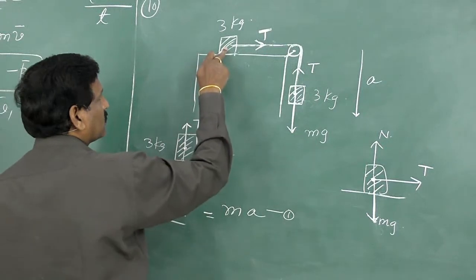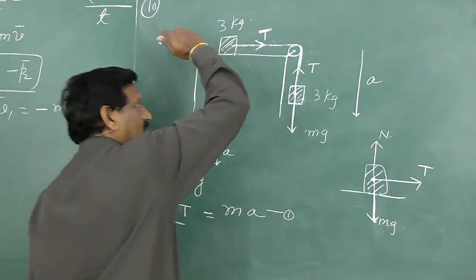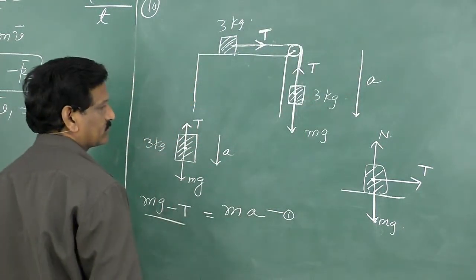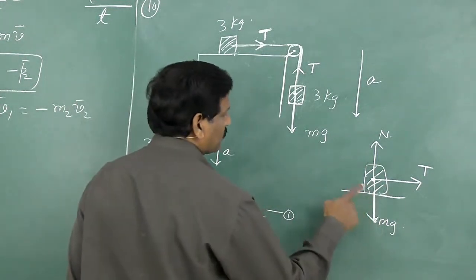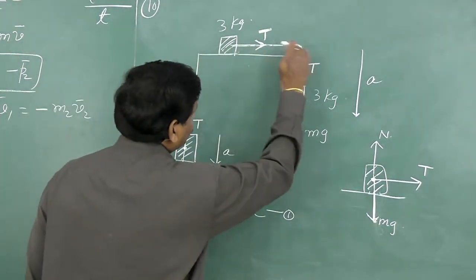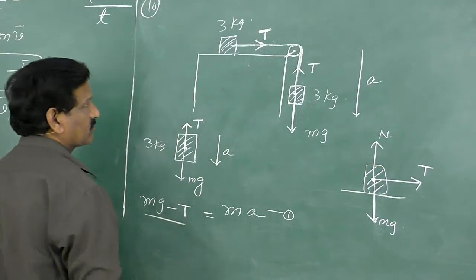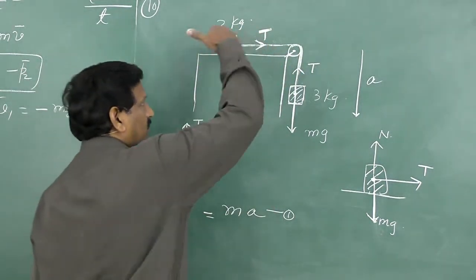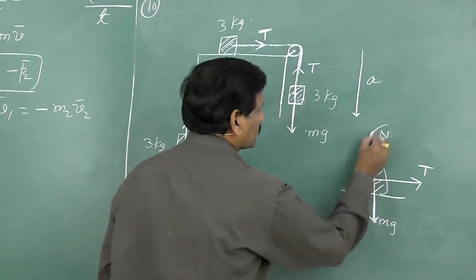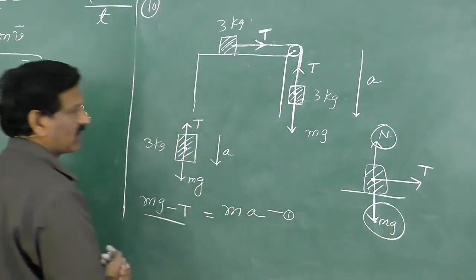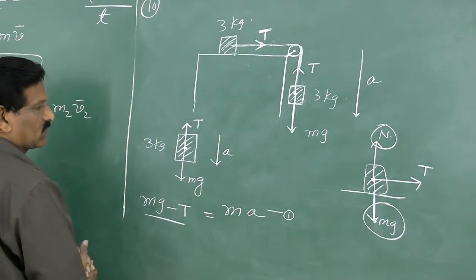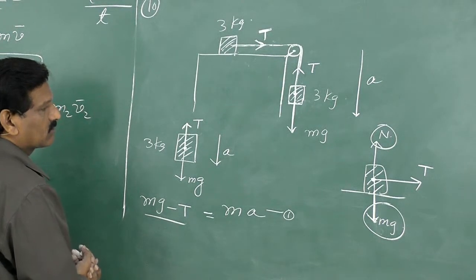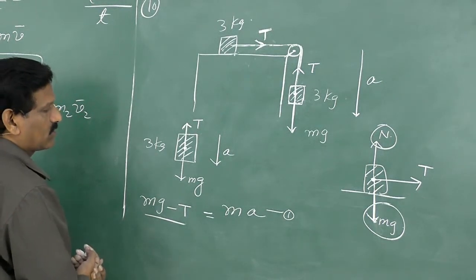So on the second body, tension is acting like this, and since the body is moving on the surface only, in the horizontal direction, this N and mg cancel out, both are equal. Then the net force is simply tension.